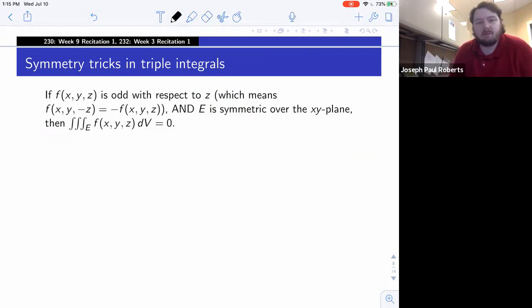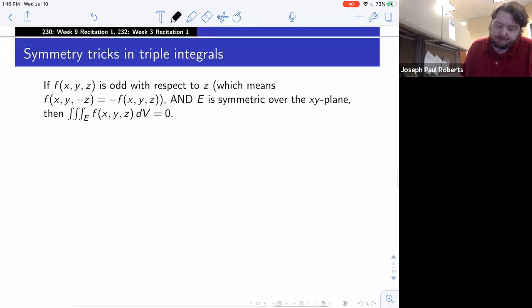So today I want to emphasize that we can extend those ideas to the 3D situation too. For example, if you have an integrand that's odd with respect to z, and you have symmetry over the xy plane of your region, then the triple integral of this odd function in z over this region E that's symmetric over the xy plane ends up being 0.